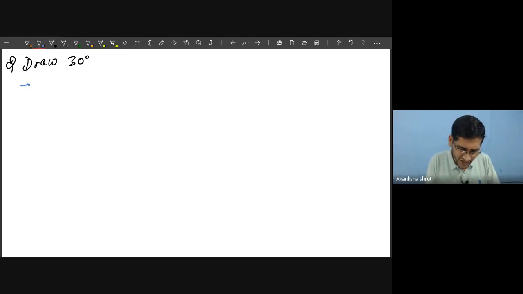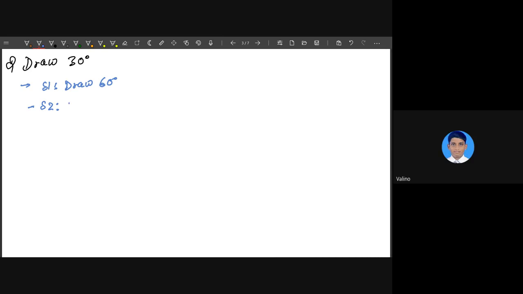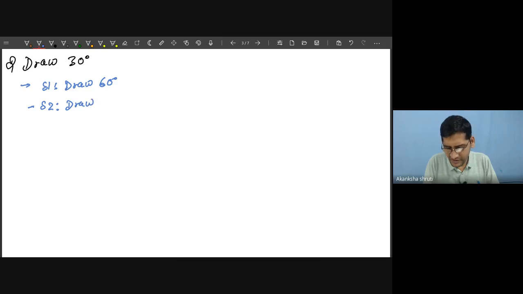How can this be drawn? For this, step 1, draw 60 degree by compass. Then step 2, what you have to draw? Draw its angle bisector. Yes, draw the bisector of the 60 degree angle.